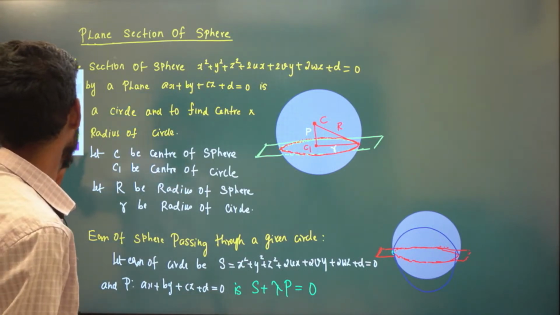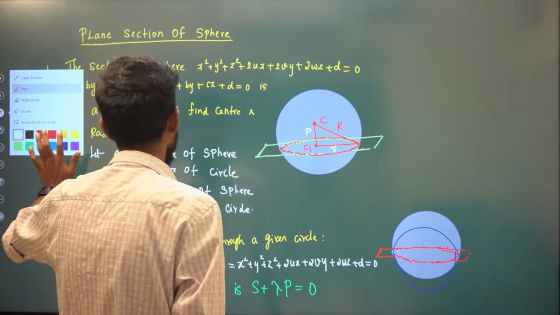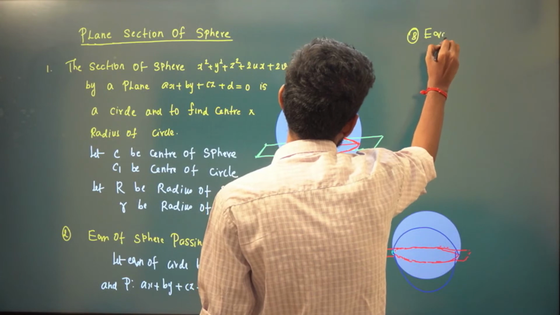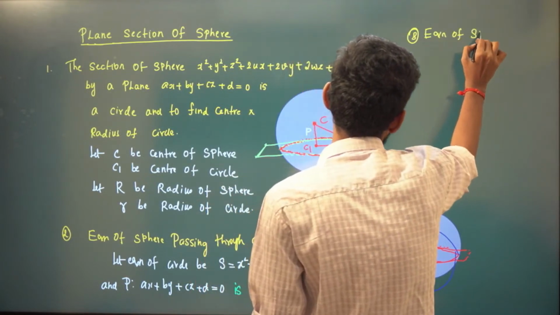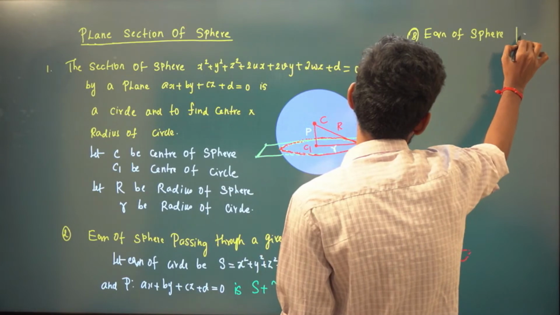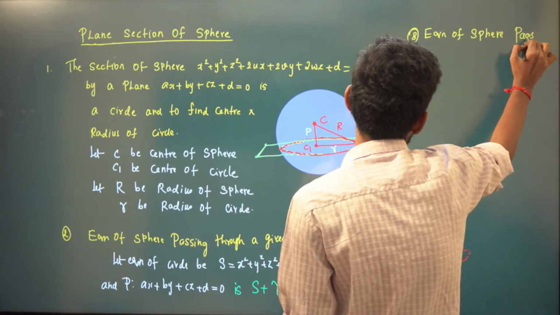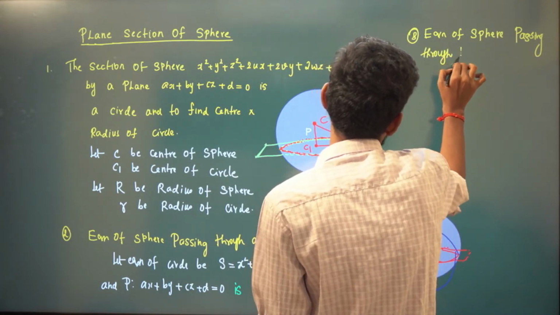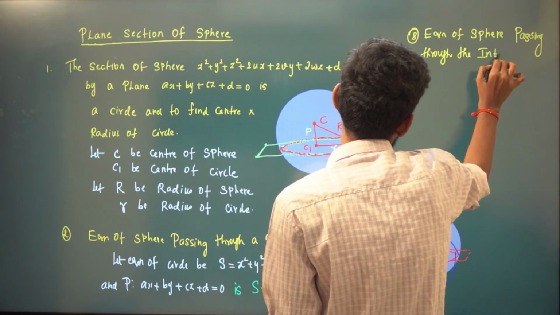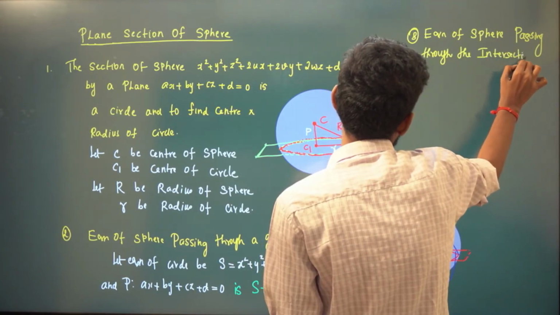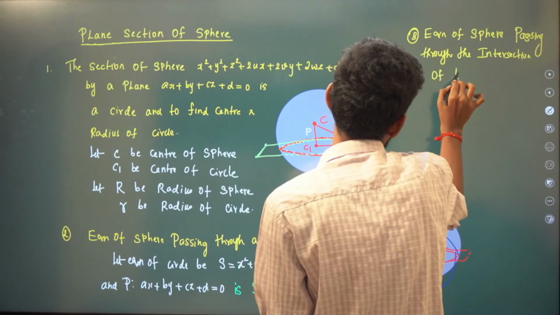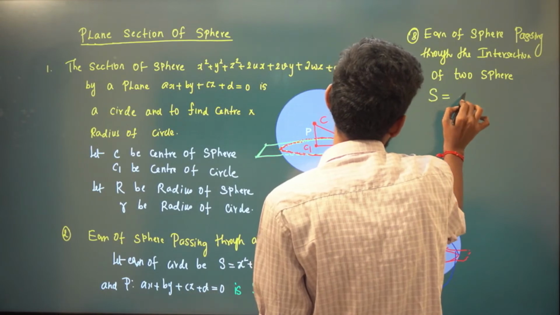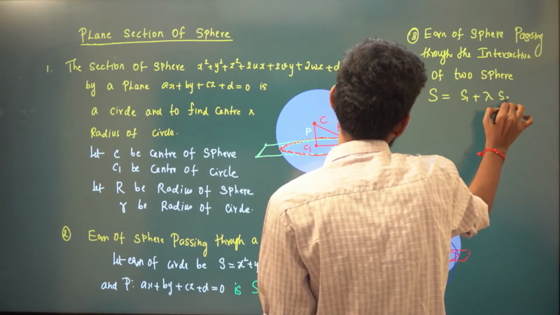Now third is the sphere passing through the intersection of two spheres. The equation of a sphere passing through the intersection of two spheres is given by s1 plus lambda s2.